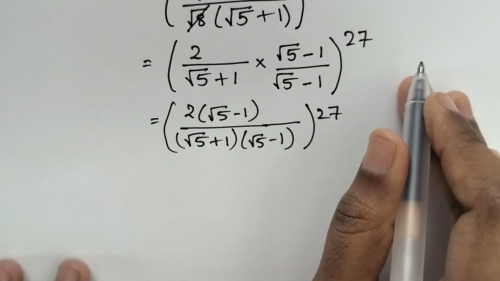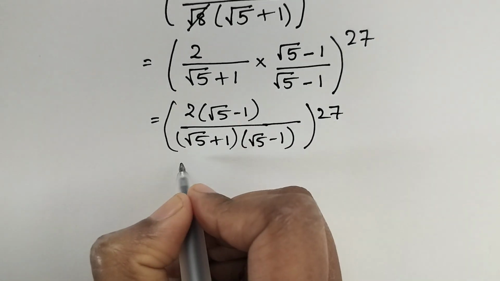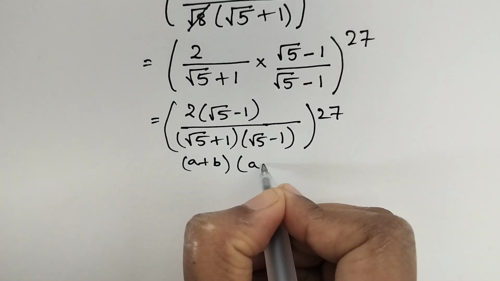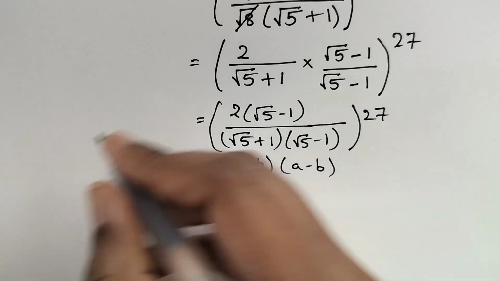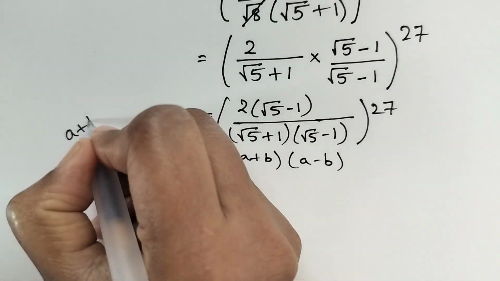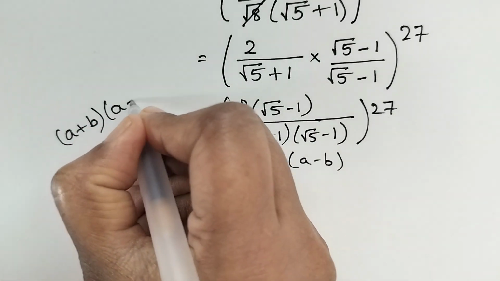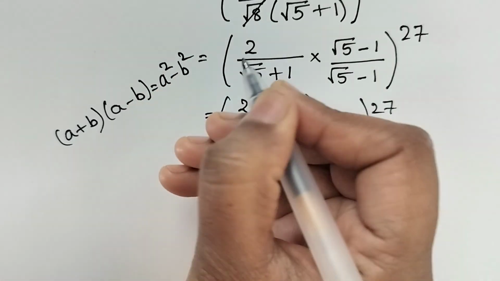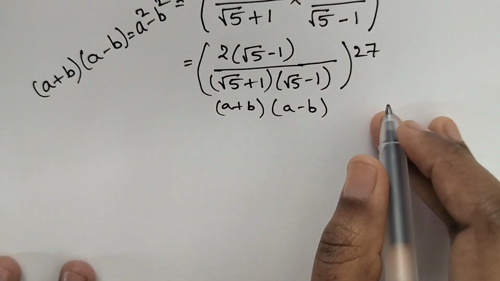This is in the form of a plus b times a minus b, and we know this formula: a plus b times a minus b is equal to a squared minus b squared. So use this formula.